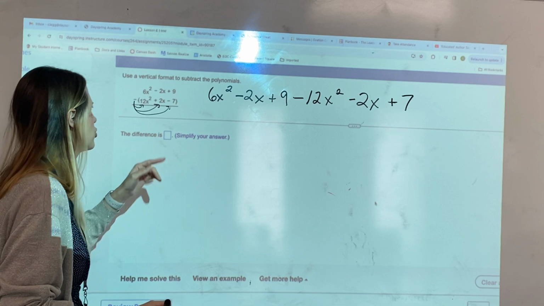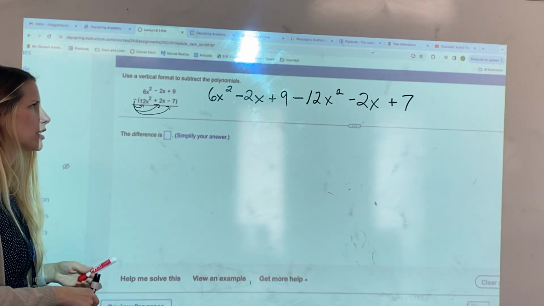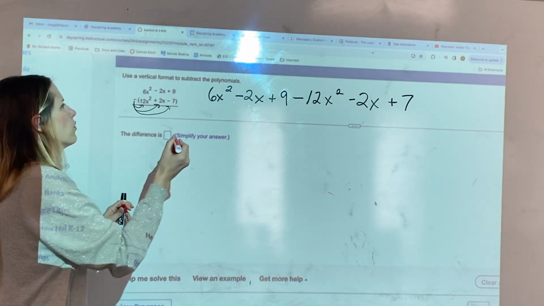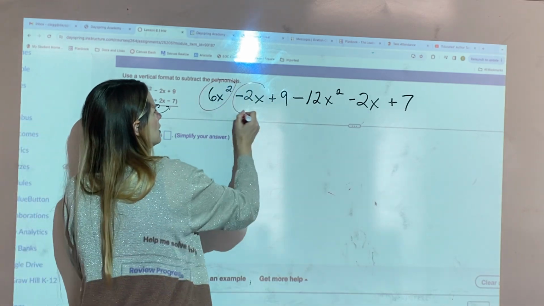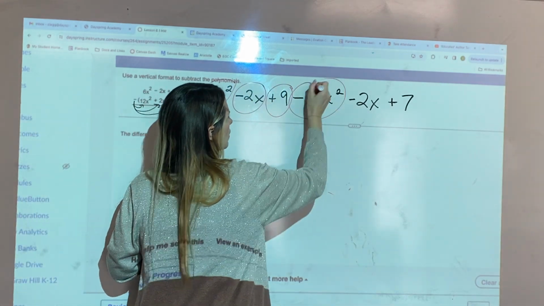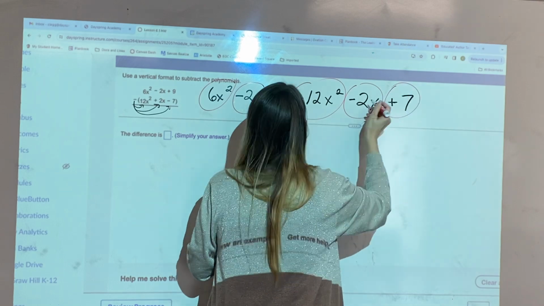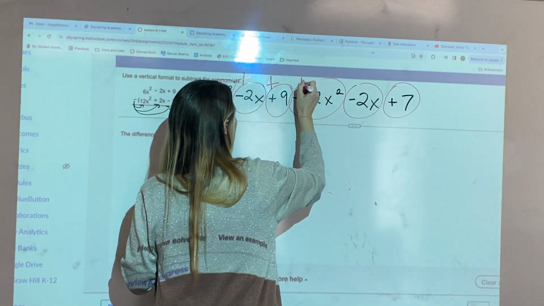Every sign gets changed. Now I'm going to circle my terms with their signs and add them up. Yes, now we can add.